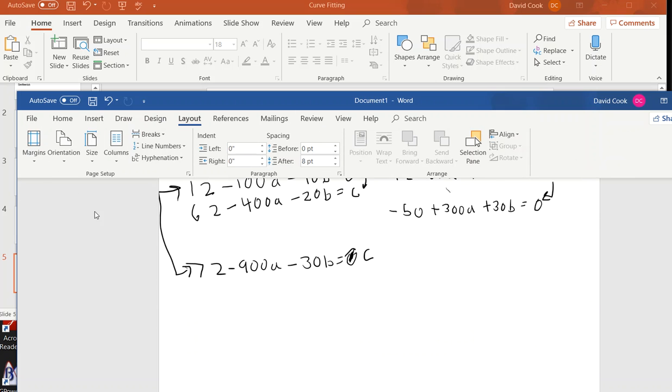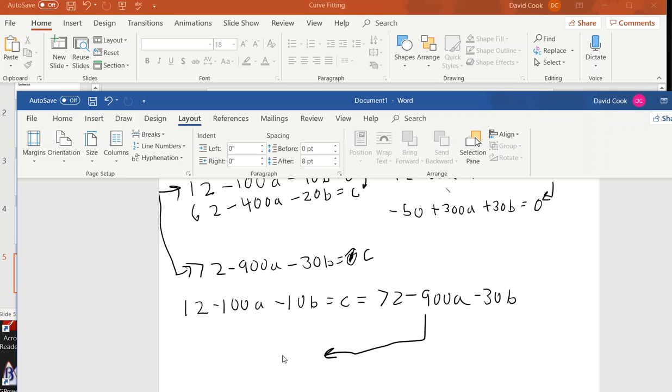Okay? So let me do that right down here. So I know that I get 12 minus 100A minus 10B equals C, which is also going to be equal to 72 minus 900A minus 30B. Okay? So now I can set these 2 equal to each other, and move everything to this side. So 60, and let me look up here.